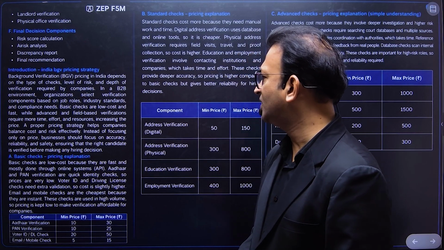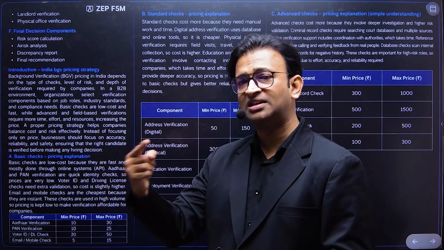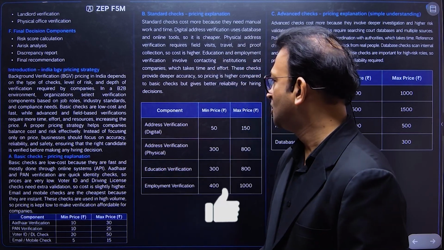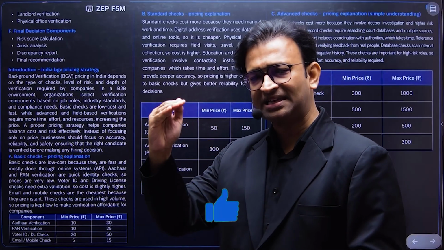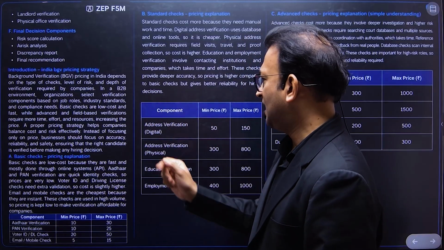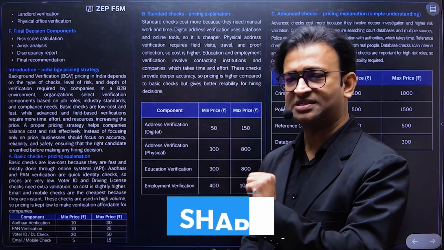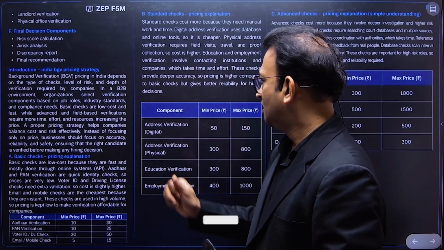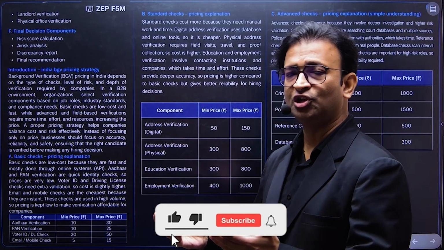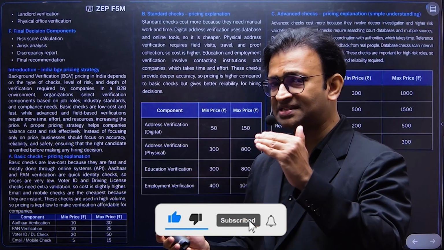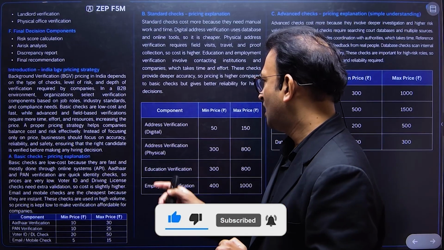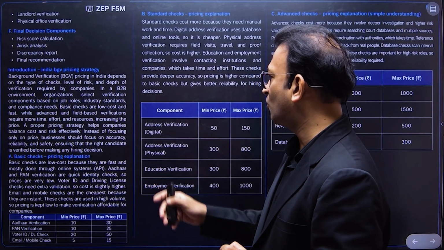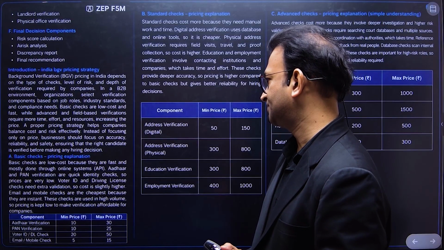Voter ID and driving license checks need extra validation and verification, so the cost is slightly higher. Email and mobile checks are the cheapest because they are fast and instant. These checks are used in high volume, so the pricing is kept low to make verification affordable for companies.